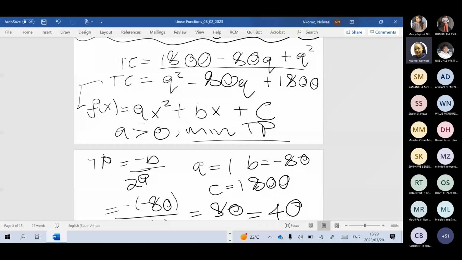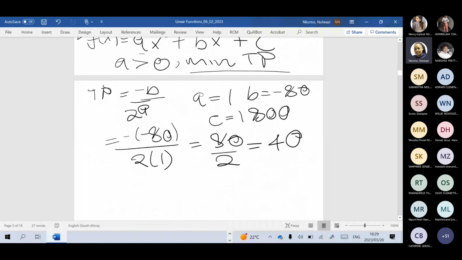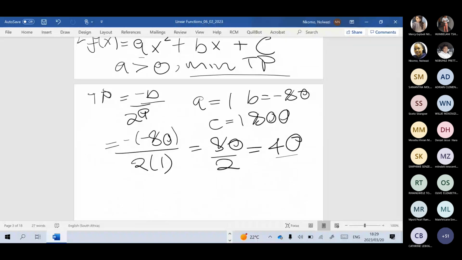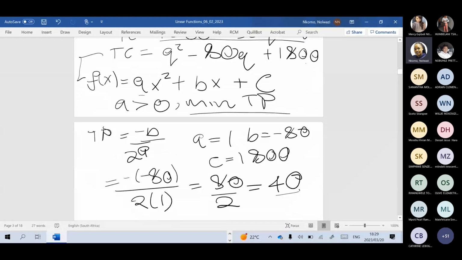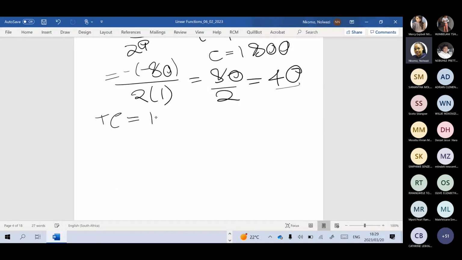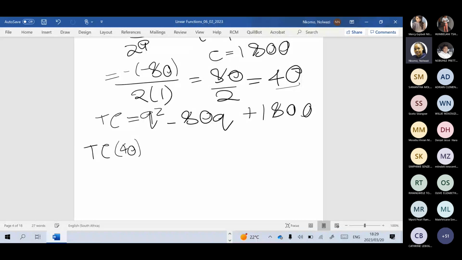Our total cost is Q squared minus 80Q plus 1,800, so the total cost at 40 would be 40 squared minus 80 times 40 plus 1,800.